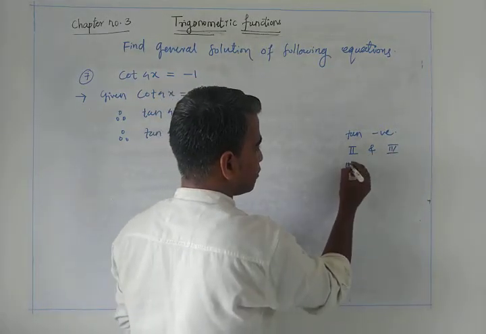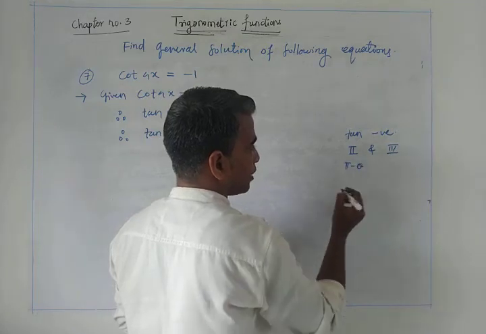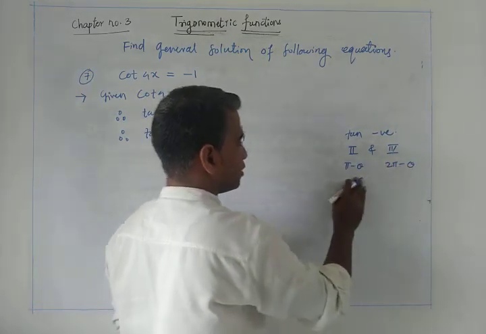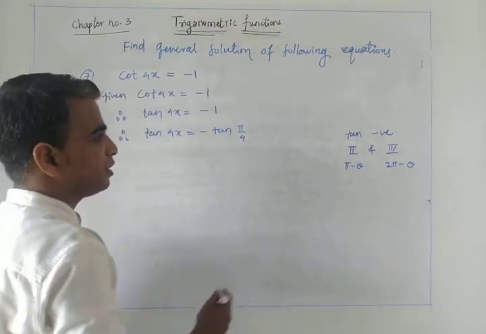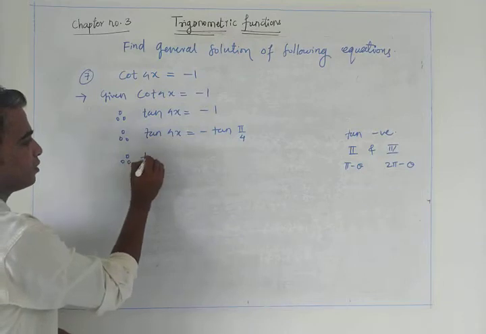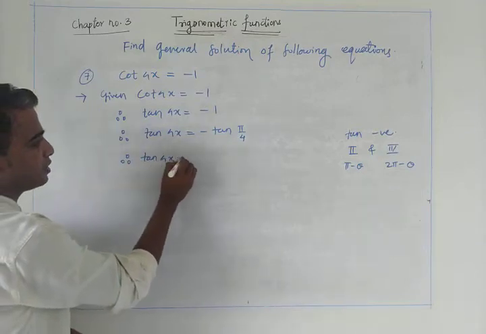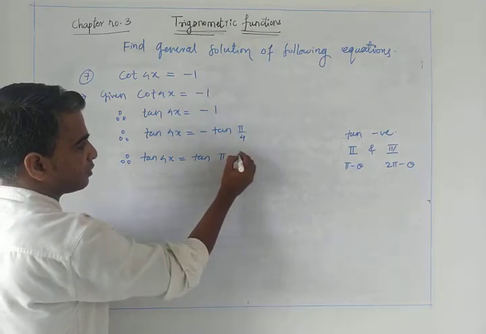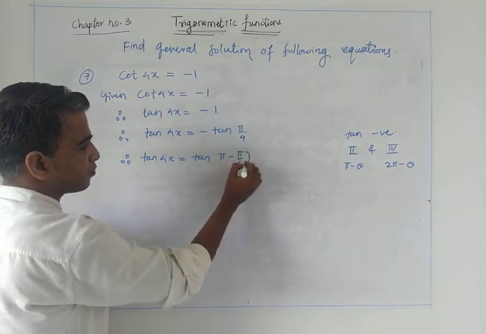In the second quadrant the same function is pi minus theta, and in the fourth quadrant 2 pi minus theta. So we will use any one of the formulas here. So tan 4x is equal to tan of pi minus theta, and the theta value is pi by 4.